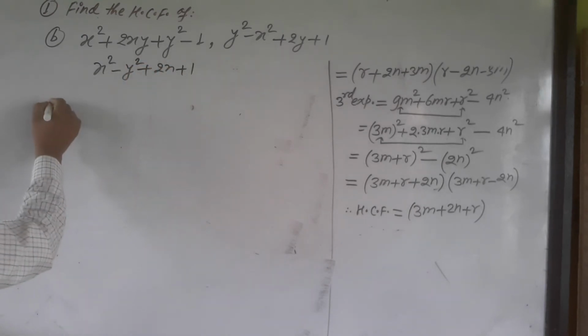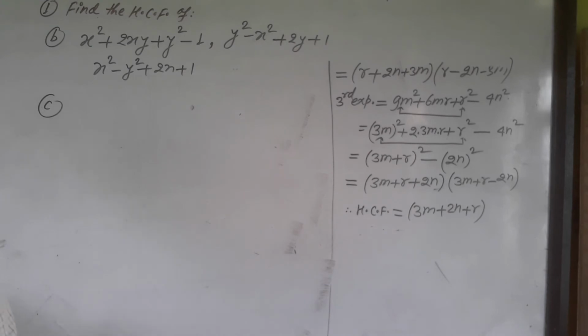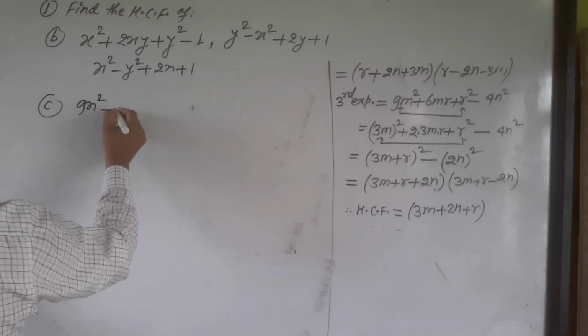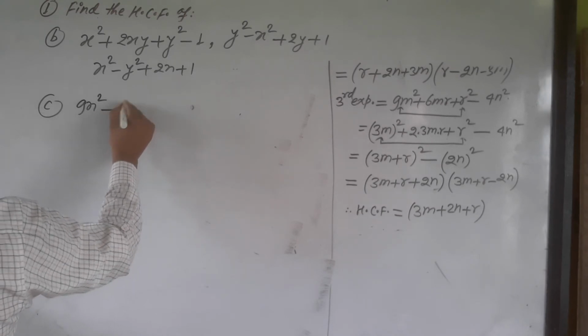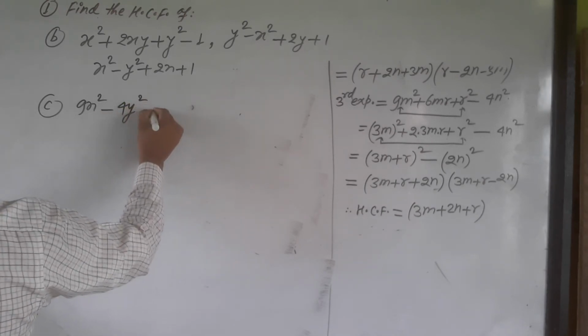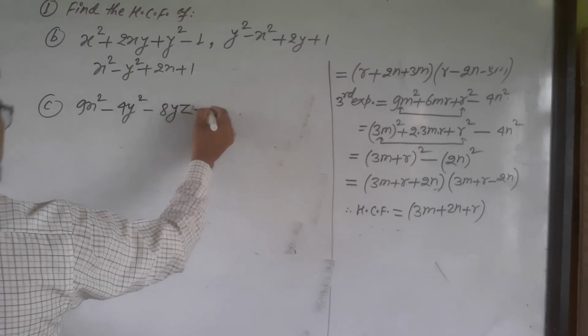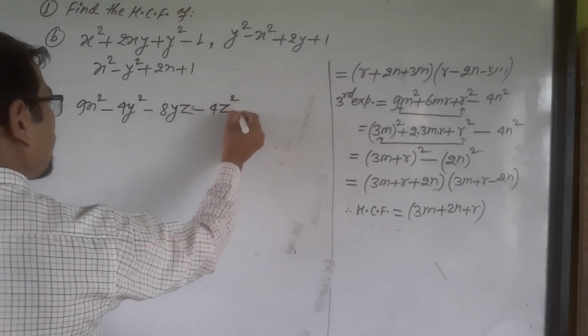This is one question. The C number, another one: 9x square minus 4y square minus 8yz minus 4z square. This is the first expression.